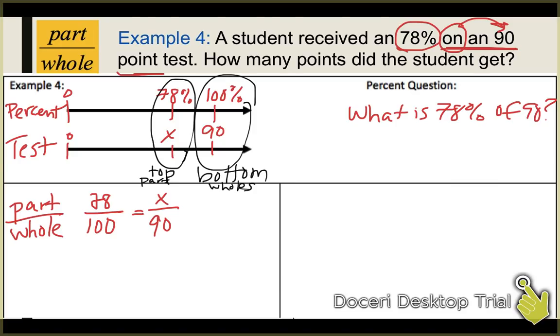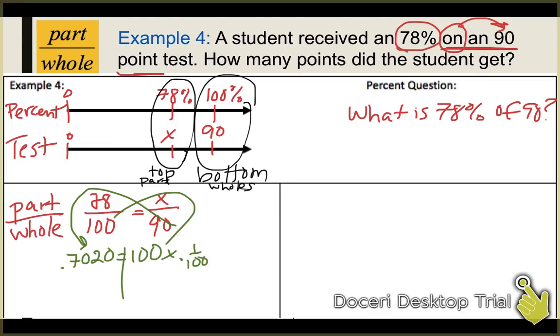Okay, let's solve this. We're going to use a cross-multiply method. So I have 78 times 90 to give me 7,020. And then I have 100 times x, which gives me 100x. I'm going to multiply each side by 1 over 100, which is the multiplicative inverse.